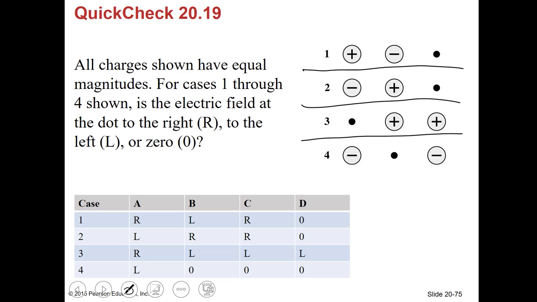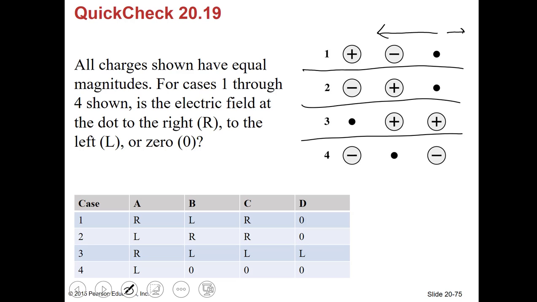So in case 1, the electric field at the dot because of the negative charge would be this way. At the dot because of the positive charge, it would be this way. And notice I drew the contribution from the positive smaller because it's farther away from the dot.